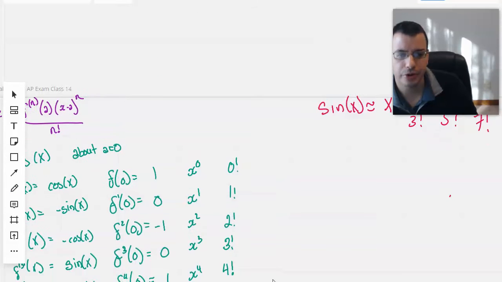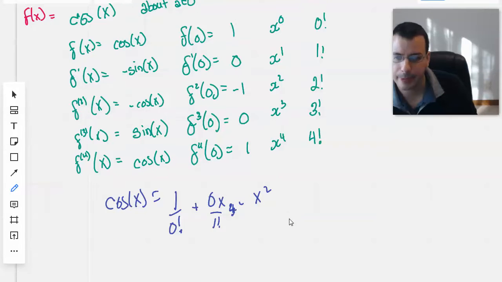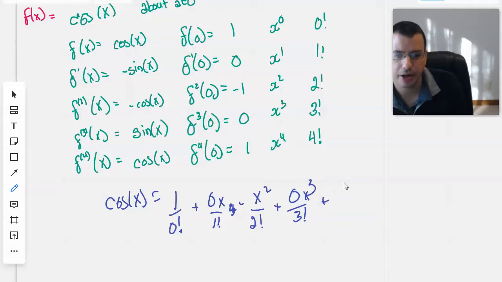Oh, check real quick. Yep. Minus x squared over 2 factorial plus 0x cubed over 3 factorial plus x to the 4th over 4 factorial. Minus, okay. And then continues on as such.